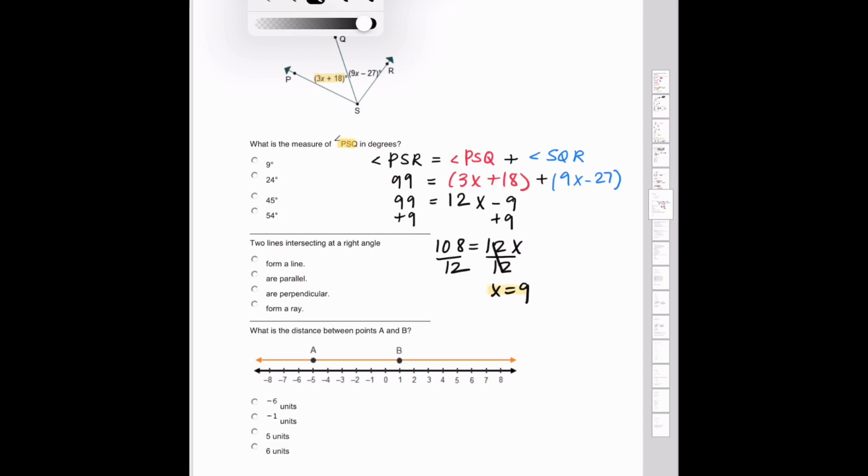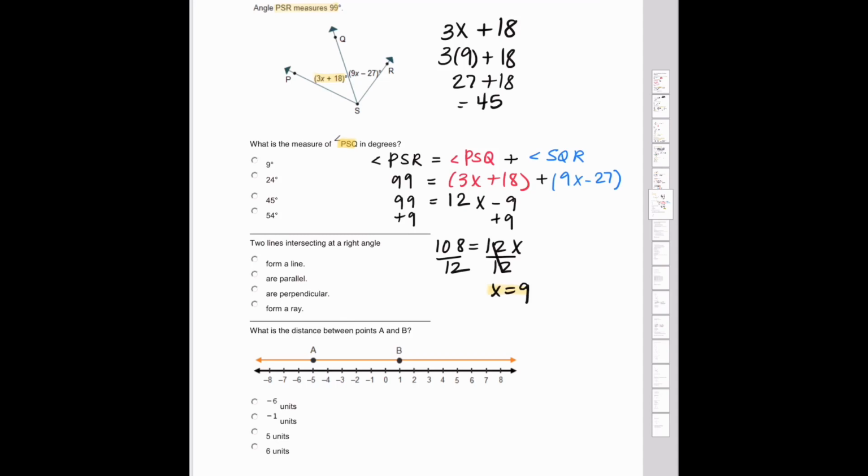So basically what we would do is take 3x plus 18, substitute 9 for x, and that would give us 27 plus 18, which equals 45 degrees.